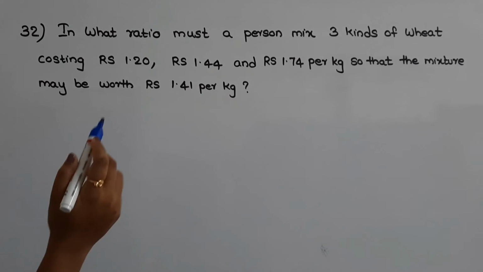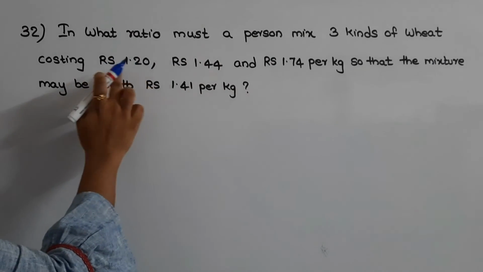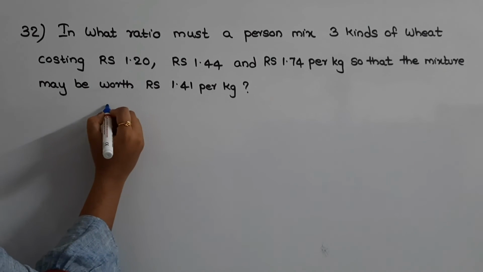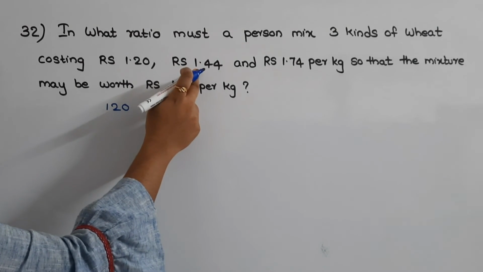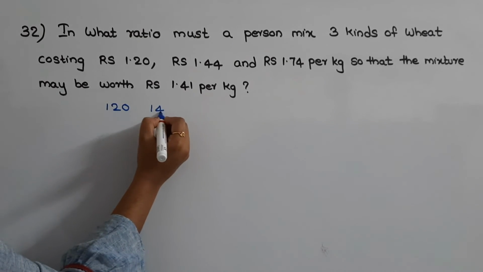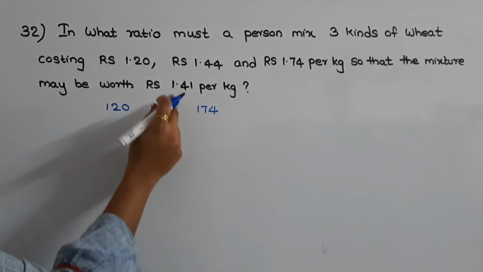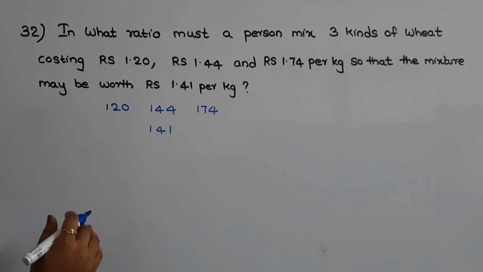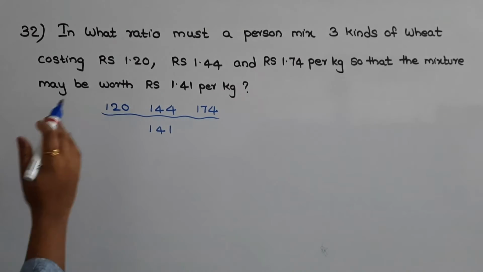First let us write down the cost of the wheat by neglecting the decimal points. So the first one, let us take it as 120, the cost price of the second type as 144 and the third type as 174. Let us take the cost price of the mixture as 141. Now we need to divide the cost price of this wheat into 2 parts.